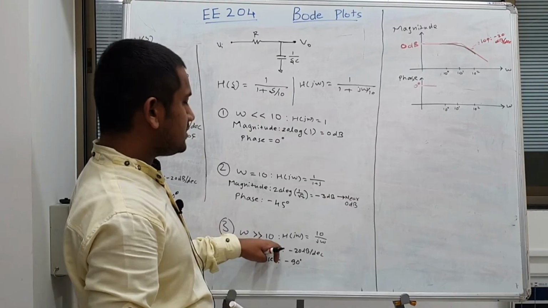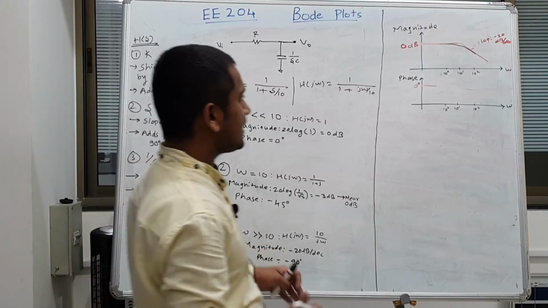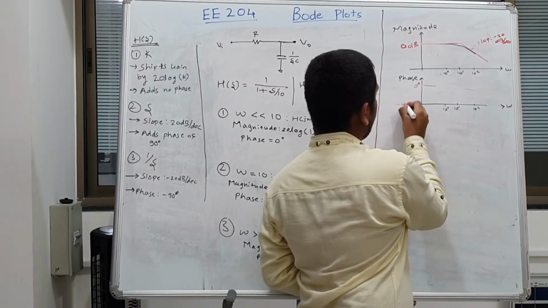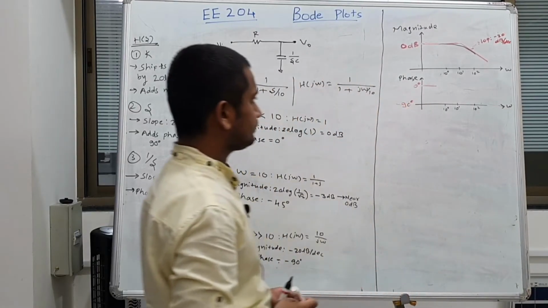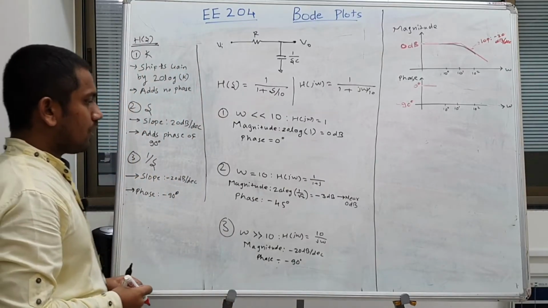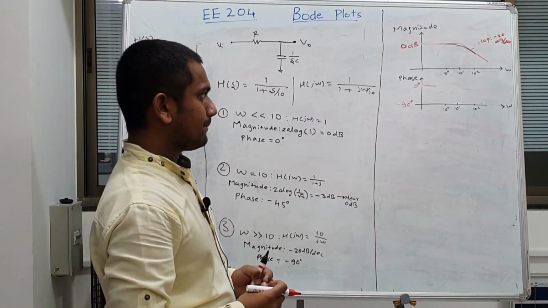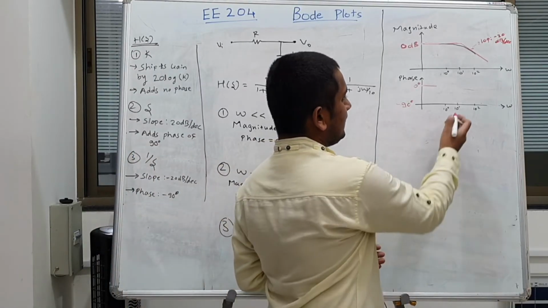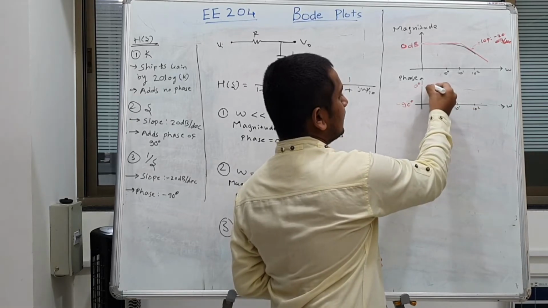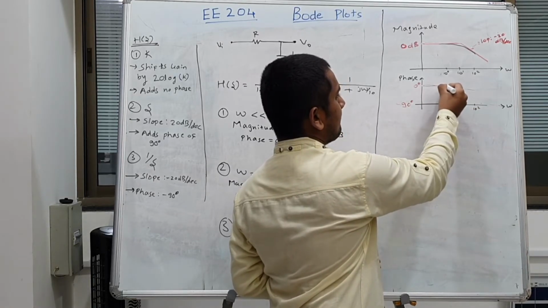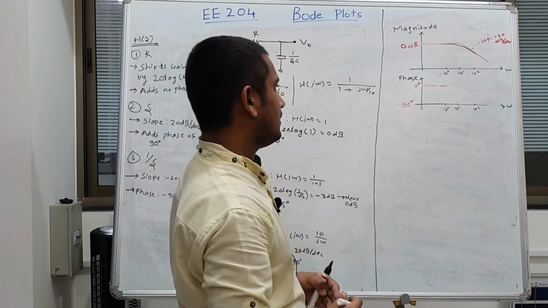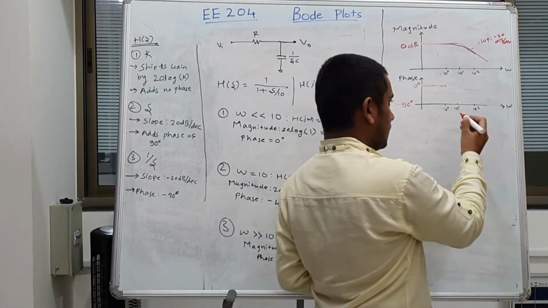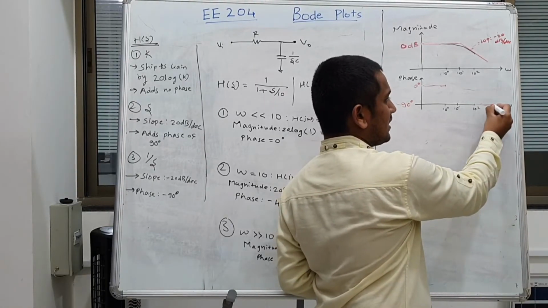And when the frequency is much higher than 10, it is at minus 90 degrees. Now our next assumption is the phase stays at 0 degrees till a frequency 10 times smaller than the pole frequency, and stays at minus 90 degrees for a frequency 10 times larger than the pole frequency.